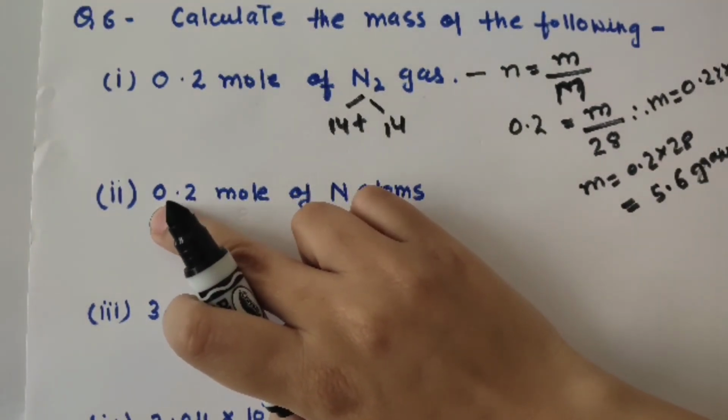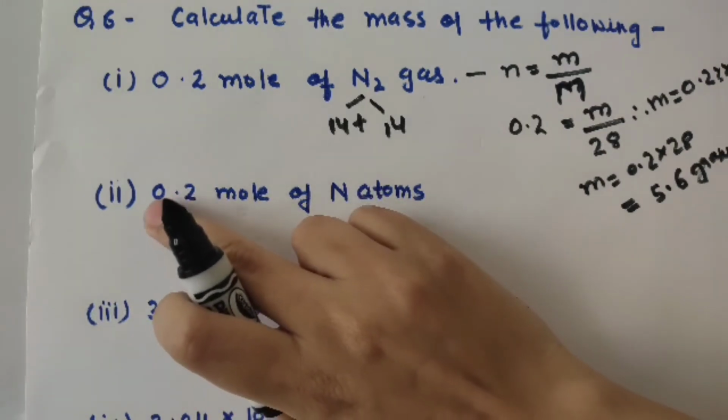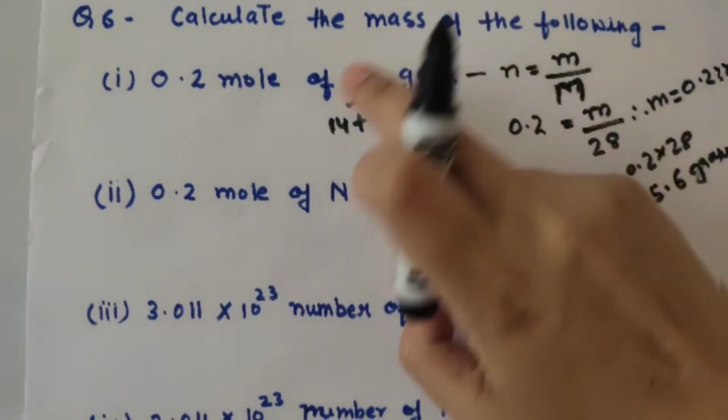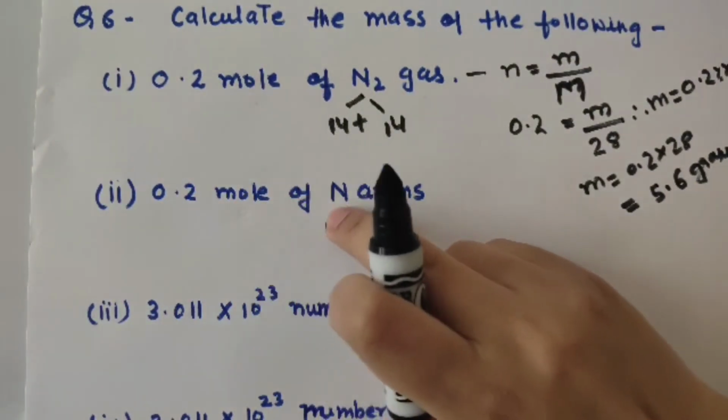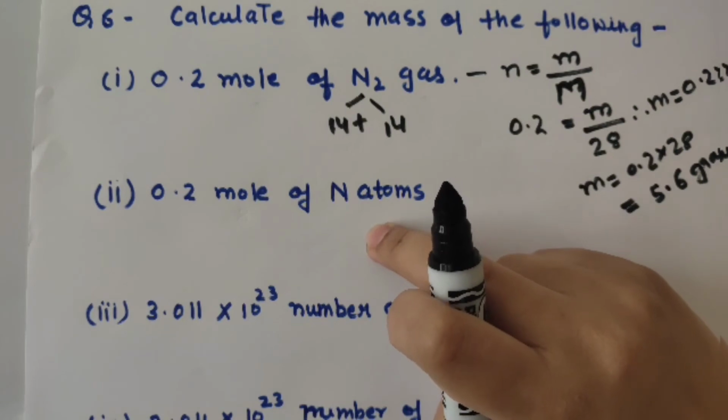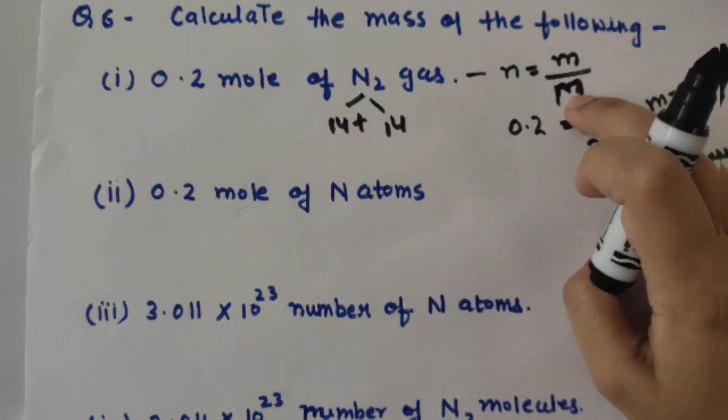In another section of the question, we have to calculate the mass of 0.2 moles of N atoms. Here it was N2, here it is N. The only difference will be in the molar mass.